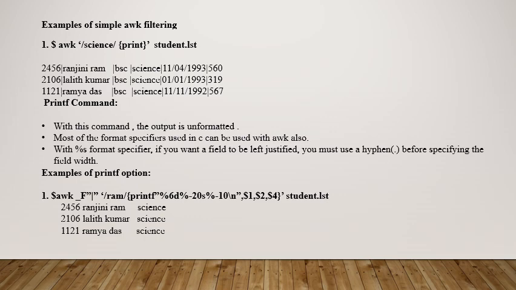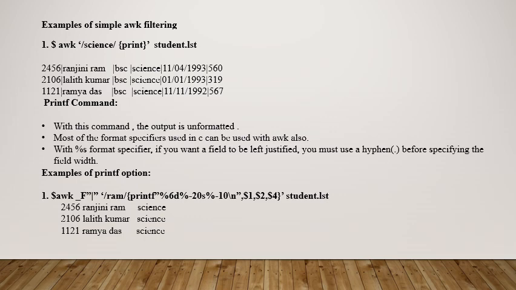The print command used previously automatically prints every record on a new line, whereas with the printf command, a newline character \n has to be given to print different records on different lines.